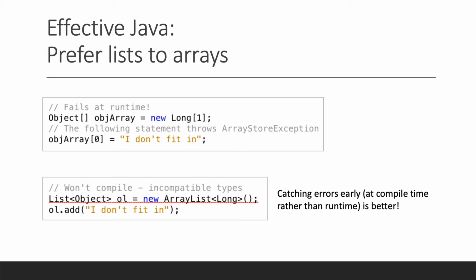We know that we shouldn't try to store a string into a long container. However, the code snippets show that broken code that uses an array fails at runtime rather than at compile time. As a programmer, we want to catch programming mistakes as early as possible.